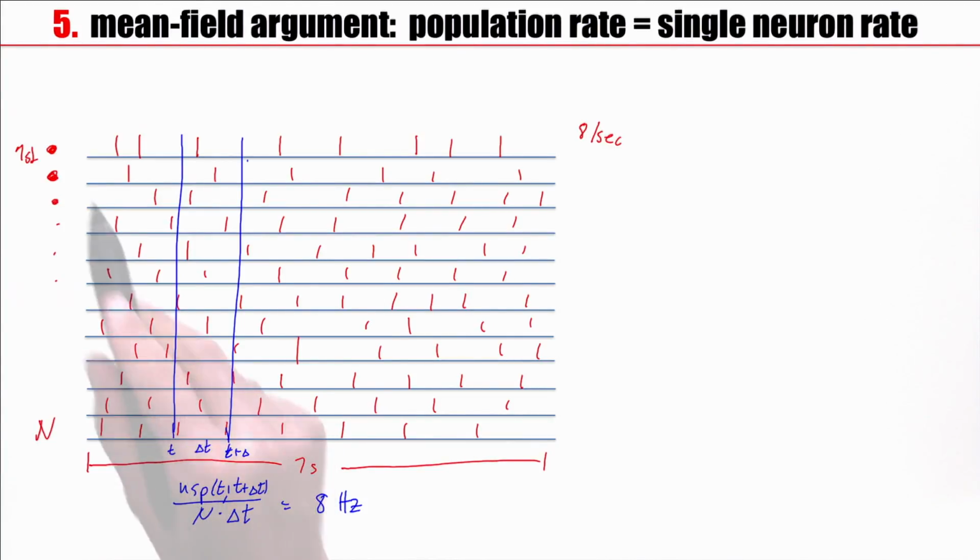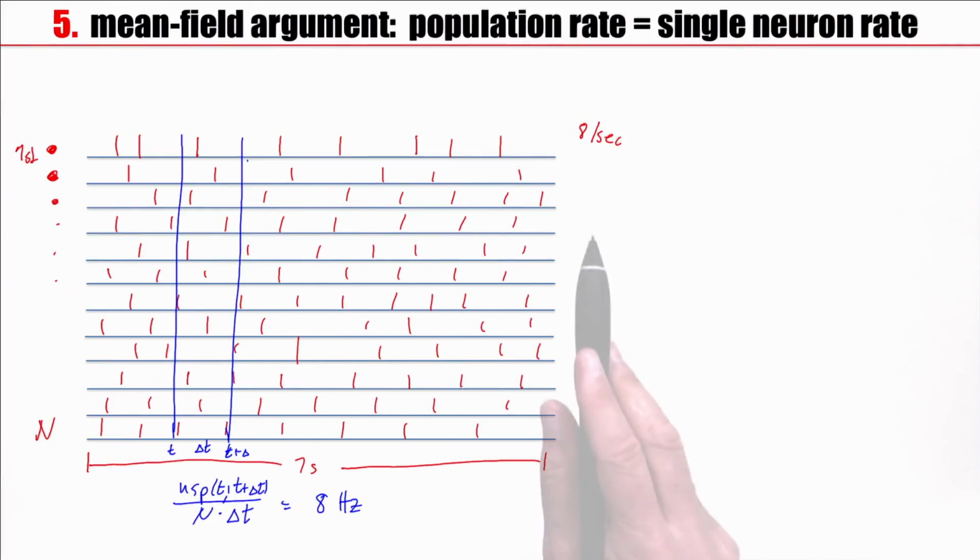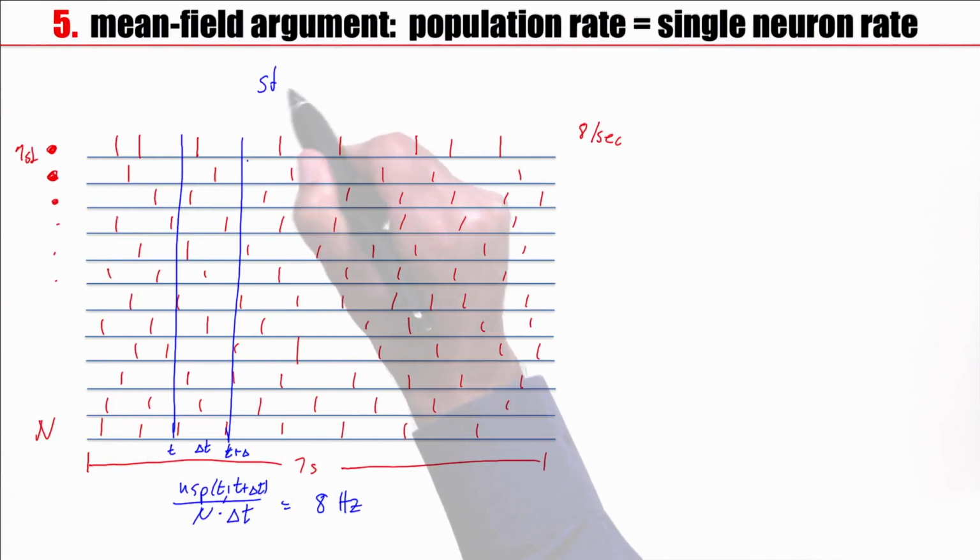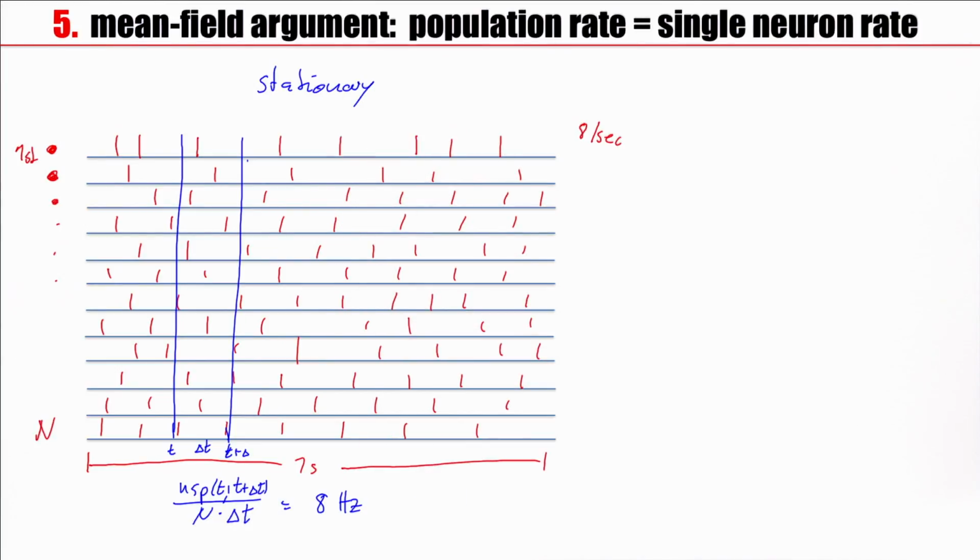Well, the reason is, if all neurons are the same, and if we are in a stationary state, then temporal averaging for a single neuron, or spatial averaging, is the same. So whether I have one single neuron, and I look for one time, and average over time, or I have one single neuron, look for a shorter time, and do many, many repetitions of the same experiment, or whether I have n neurons, and I look at a short time, I always get the same result.